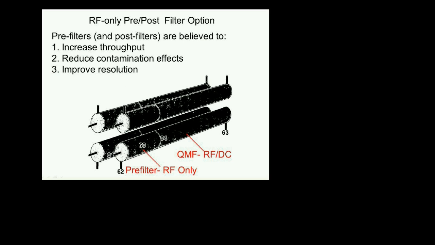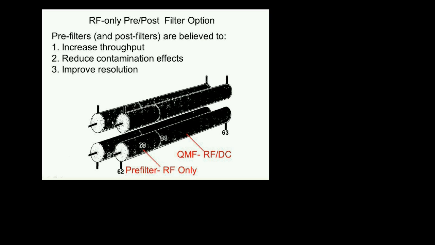There are some companies that sell what are called pre-filters. These are essentially four rods added in line with the standard rods, biased only with the RF component. They do not have the DC.